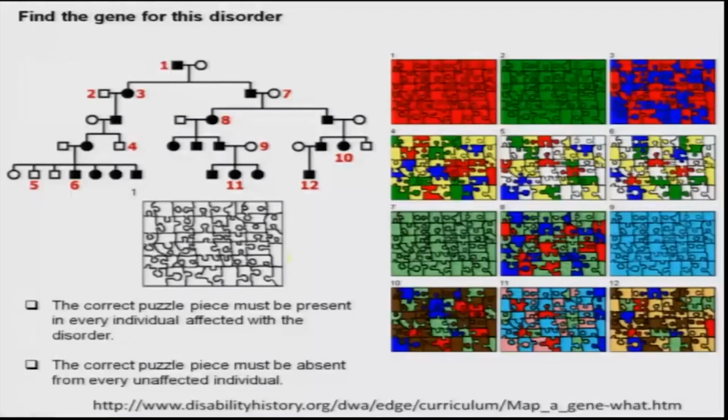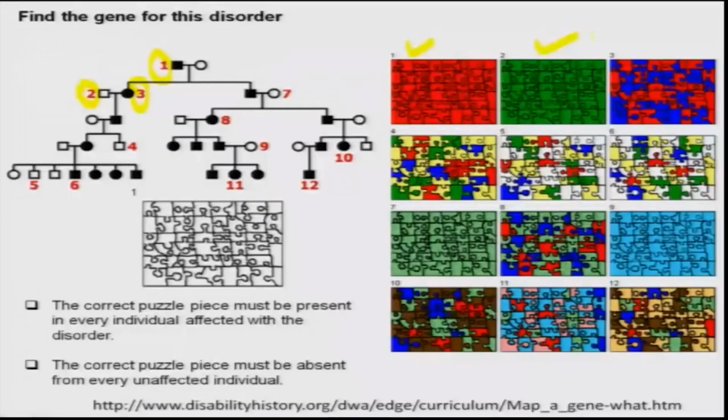This is the genotype given for each individual, numbered here 1, 2, 3 and so on. You have father and mother identified here, and then you can look into how the whole thing segregates, right? If you spend time and look at this slide, probably you will be able to identify which is the puzzle piece.